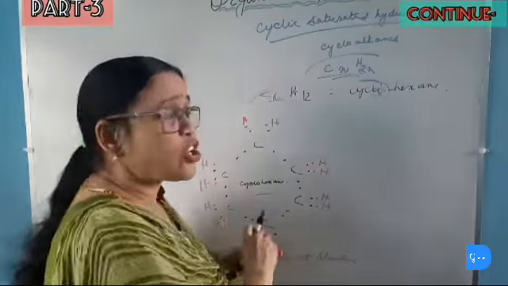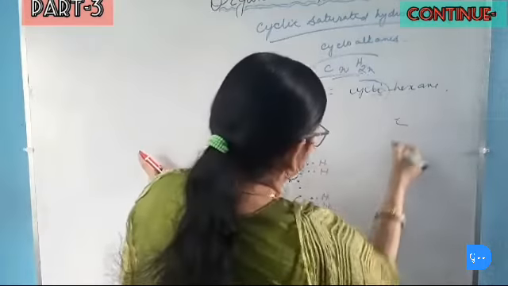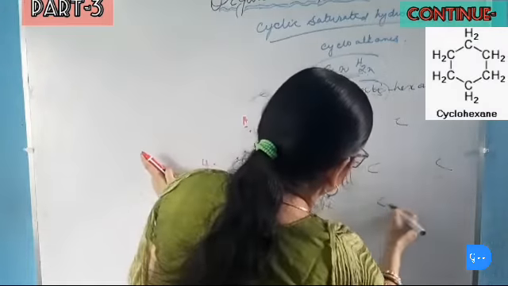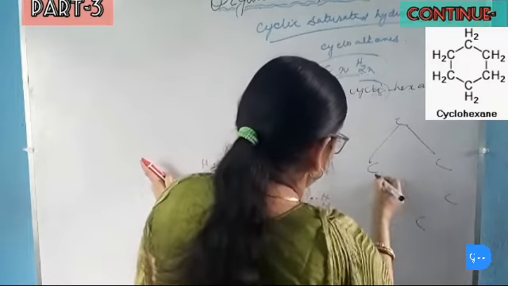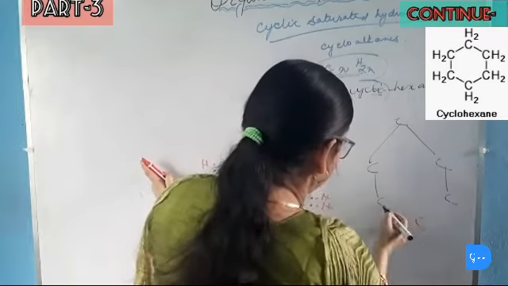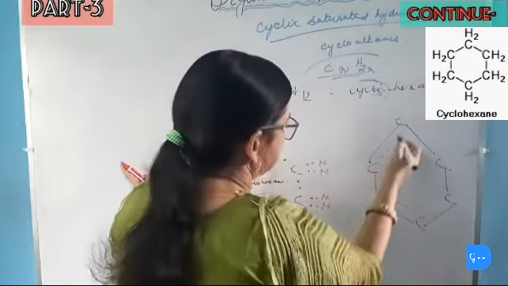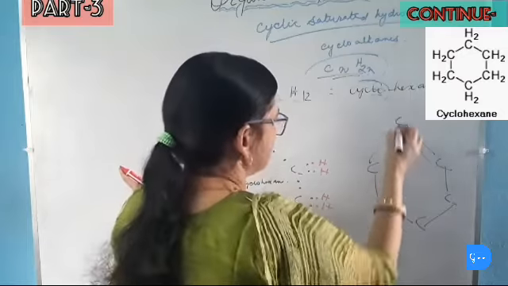You can draw the structure of cyclohexane also: C, C, C, C, C, C, all single bonds because it is an alkane group. Hexane means alkane group, so single bond.